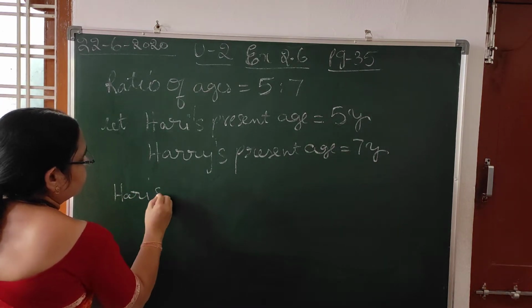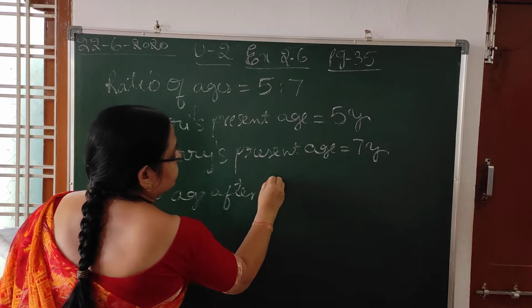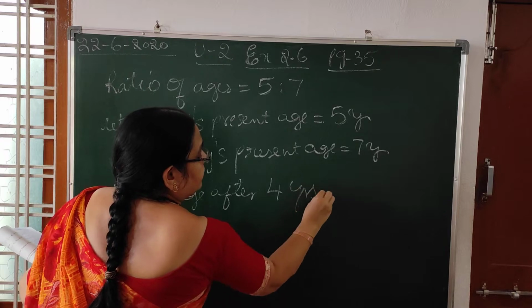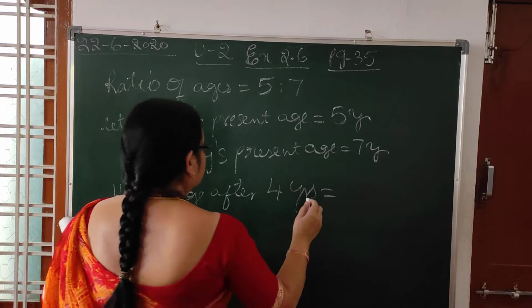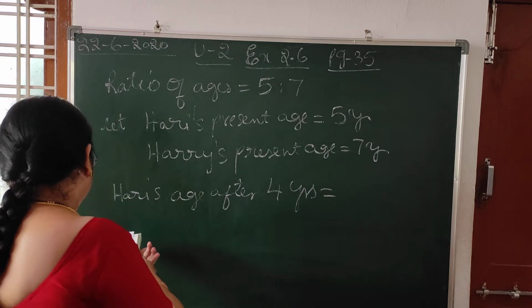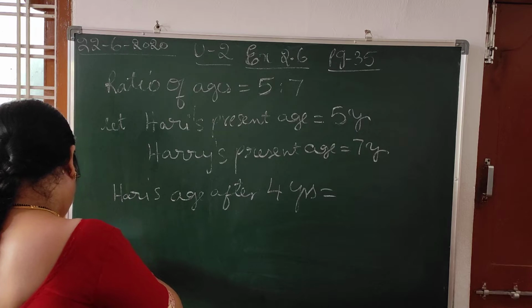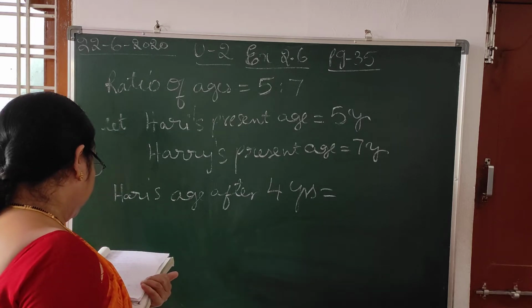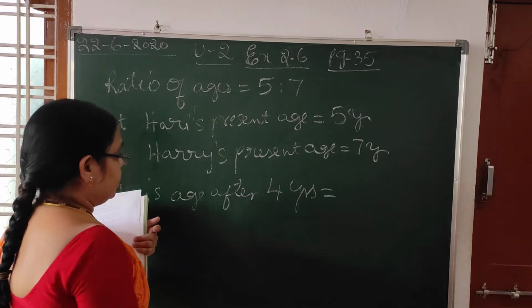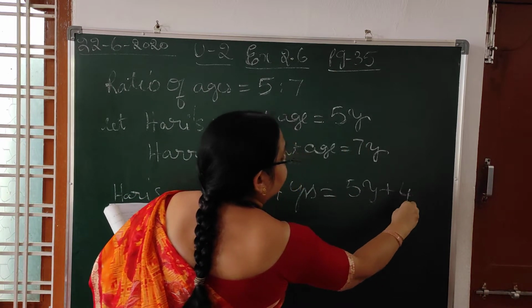So, Hari's age after 4 years is 5y plus 4.